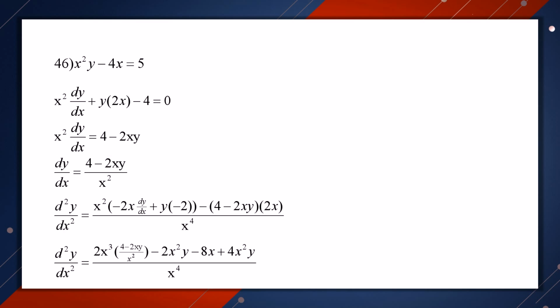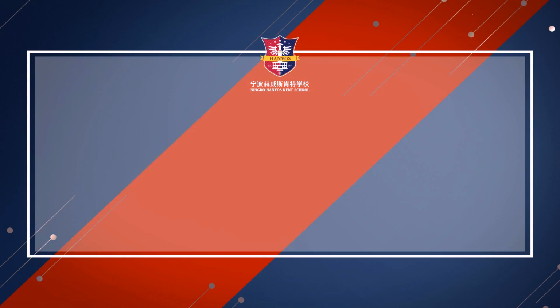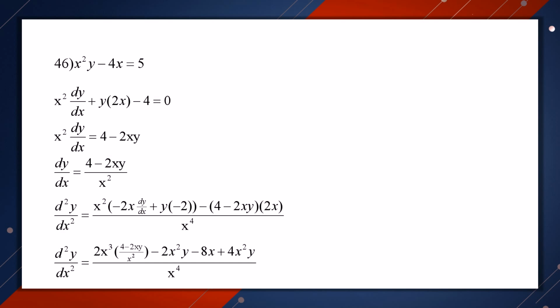And we just simplify it, and we will get 2x to the power of 3 times 4 minus 2xy over x to the power of 2 minus 2x to the power of 2 y minus 8x plus 4x to the power of 2 y over x to the power of 4. And this is the result of the second derivative of the equation.